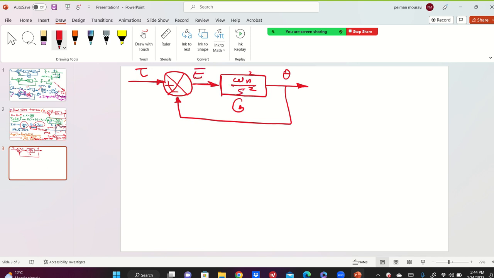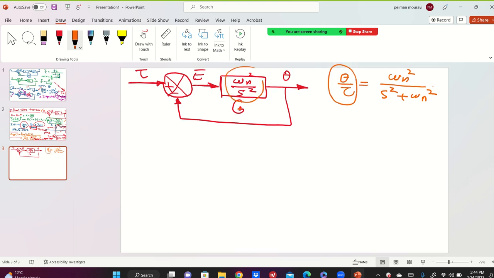This is E. And theta over tau, closed loop, is omega n squared over s squared plus omega n squared. You see there's a difference between G and closed loop. See that? So ESS for this pendulum is going to be the limit of S X of S over 1 plus G of S, as S goes to 0, as we graphed.